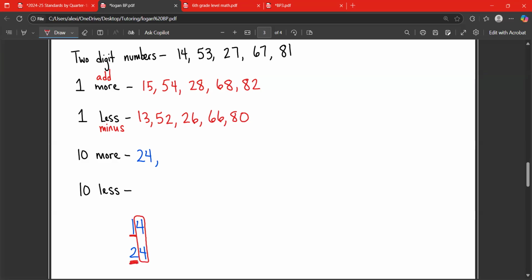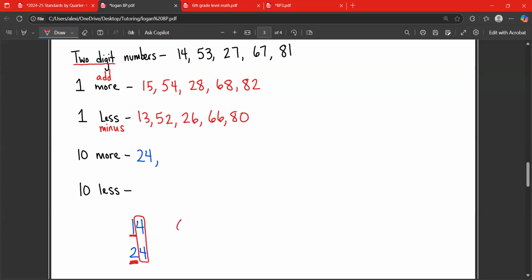And that's true. So 10 more than a number changes only one of the digits. Because remember, these are two digits. What digit did it change?